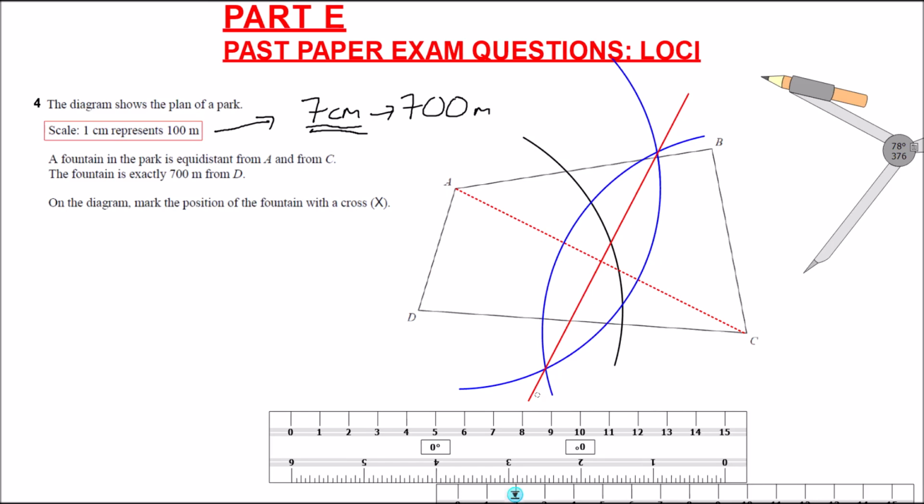The point which is an equal distance from A and C is this red line. So it's where the black curve and red line cross over. We need to mark the fountain with an X. And so the fountain needs to go here. We're going to mark that with a nice big clear X. That's where the fountain would need to go, where the two lines, the black and the red, cross.